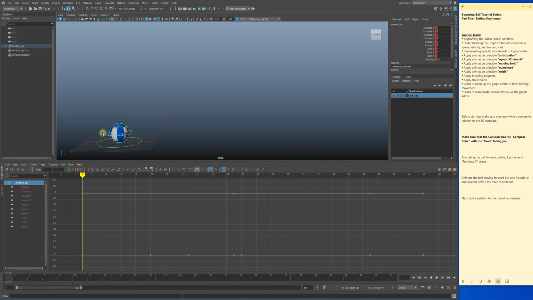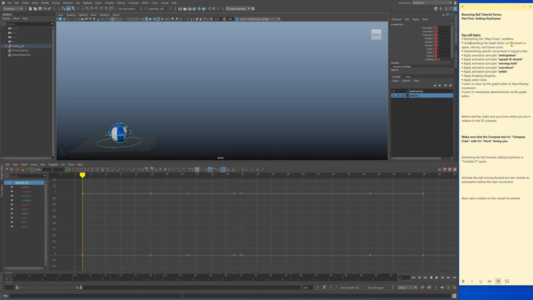Kind of like free flow animation, just kind of going at it, versus the main poses, locking down your main poses, everything in logical order, pre-planned, predetermined. But they're pretty much one and the same. It's just one is a little bit more natural flowing, whatever.